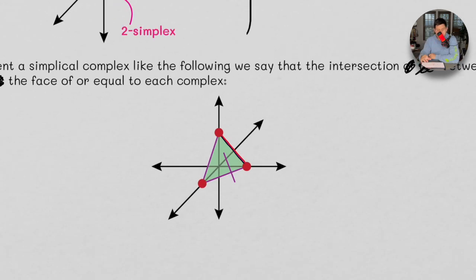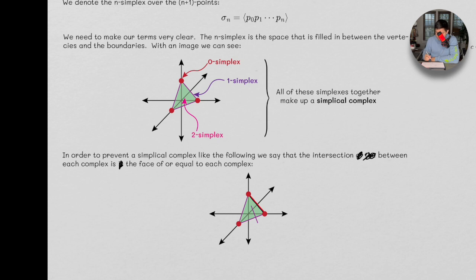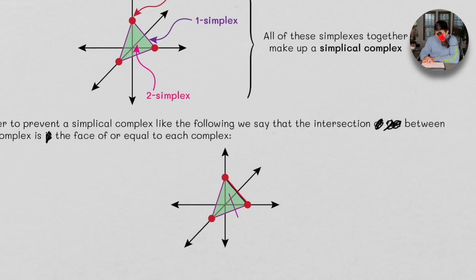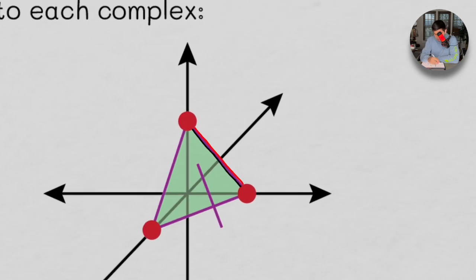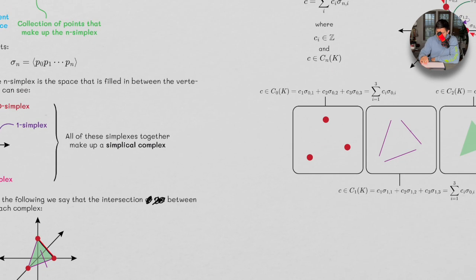Or you could think of this as, well, the intersection is the face, the black face here, between the 2 and the 1 simplex. And when we do that, we avoid a situation where we have one simplex just pointing out like this.